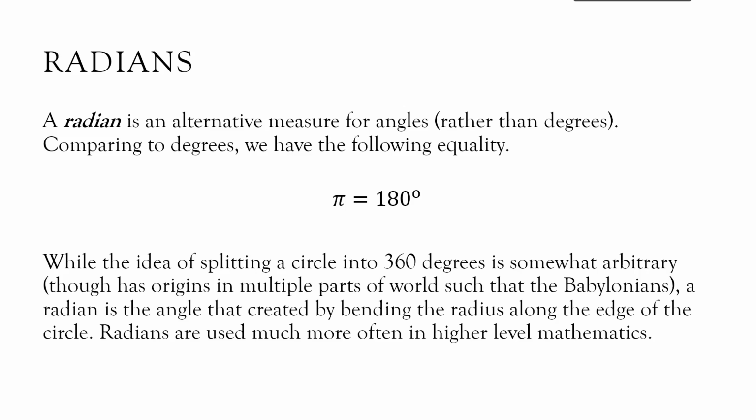But since the idea of degrees is a little bit arbitrary, radians were introduced because a radian is actually the angle that's created by taking a circle and its radius and bending that radius along the edge of the circle. By doing this, radians give us a little bit more of a universal way to measure our angles.